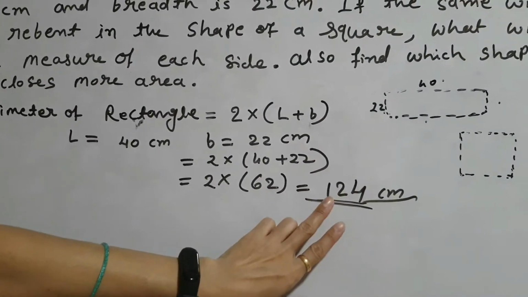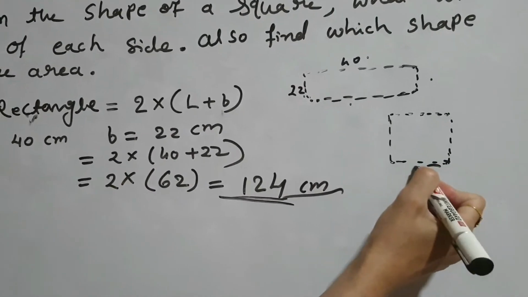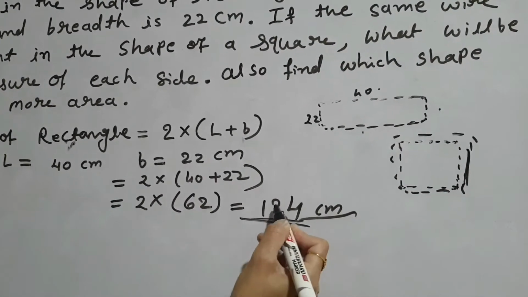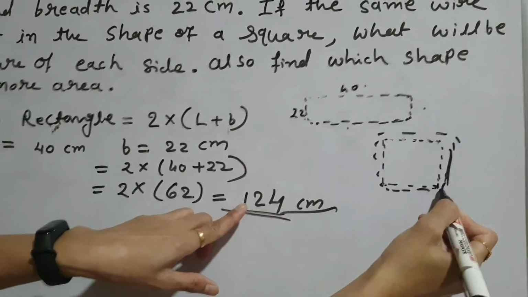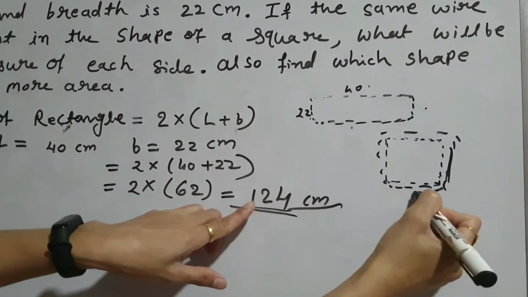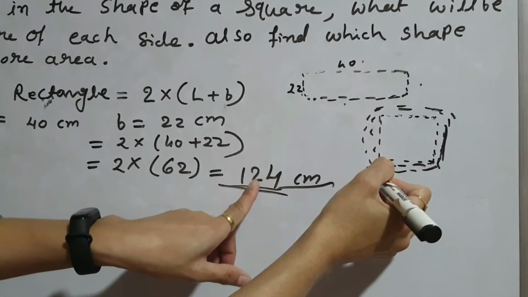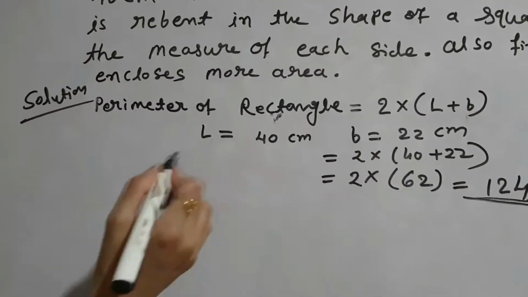Now this complete length of the wire will cover this square. So what will be the one side? Four sides are 124. Side by side, four sides have to be covered with this length. So we will find out the side.